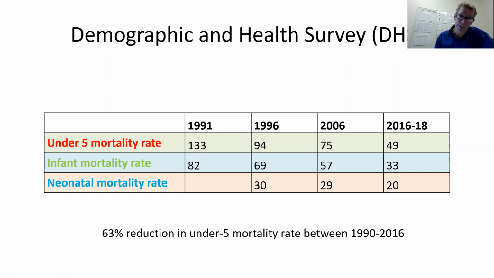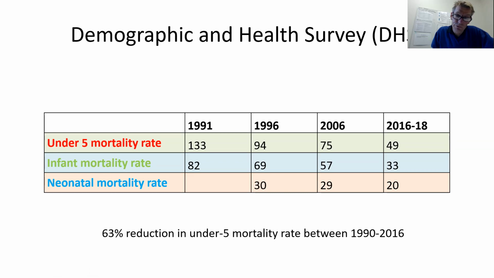That meant that more than 1 in 10 of all children died in 1991. Now the under 5 mortality rate, based on the 2016-2018 demographic and health survey, is 49 per 1,000 live births. That's still obviously very high, but it is a 63% reduction in the under 5 mortality rate between 1991 and 2016.